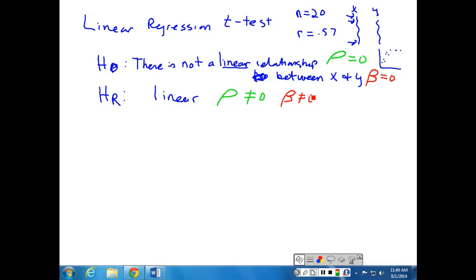And beta is the slope of the line. So all that's saying is that if the slope is 0, which means you have a flat line, then knowing x doesn't help you. A flat line just means it's the average. So this means the slope is 0. This means the slope is something other than 0, maybe something like that.